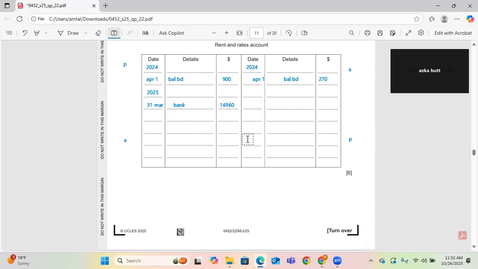So the balance CD here is equal to 925. And here the accrued balance CD was 185.